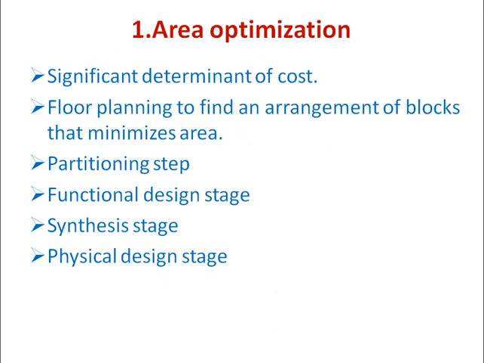Let me go for area optimization. The area of a circuit is a significant determinant of cost. That means if I want to reduce the cost, the area of the design should obviously be less.